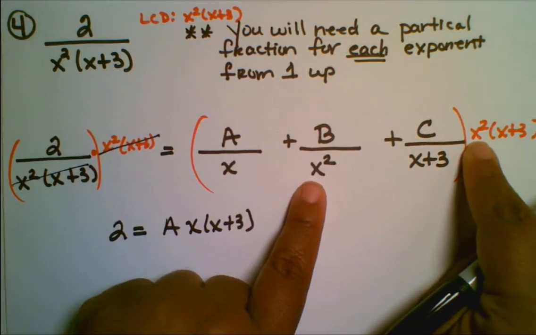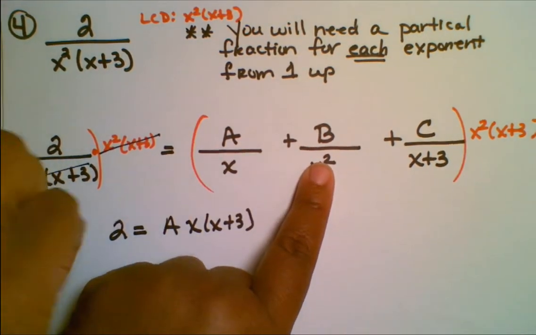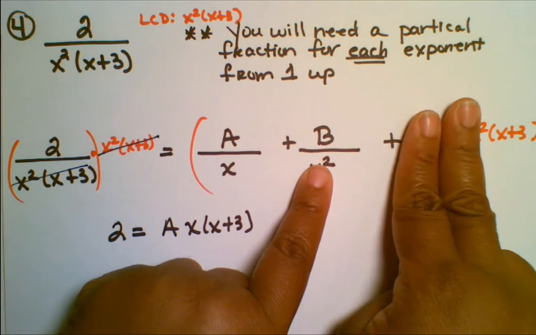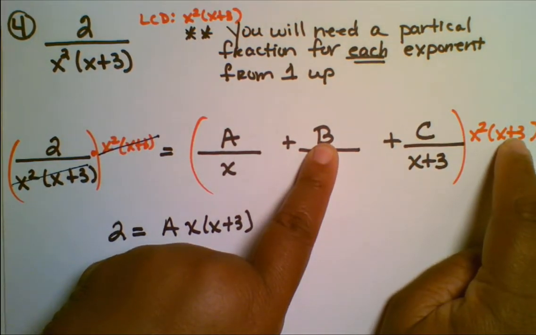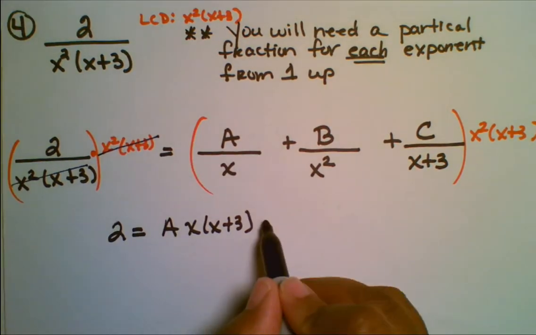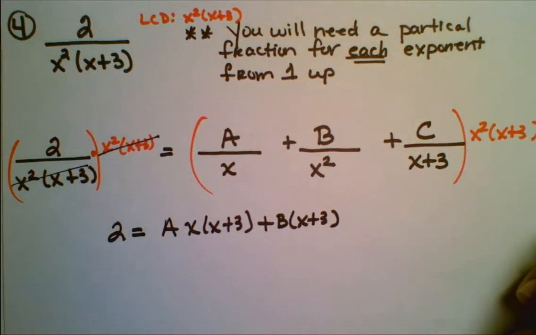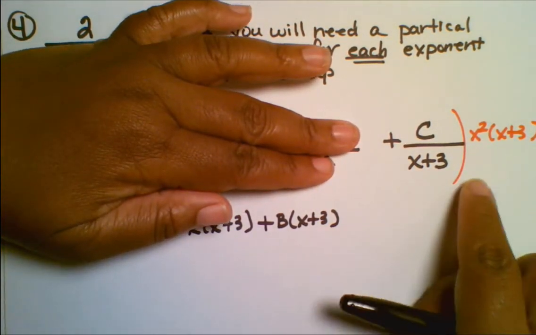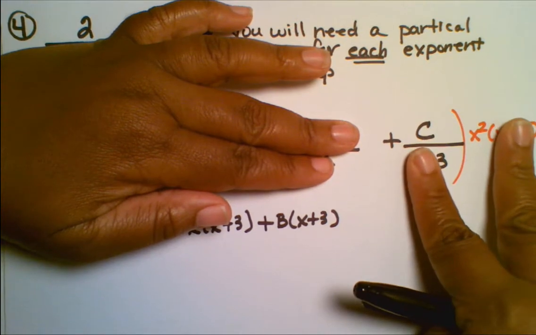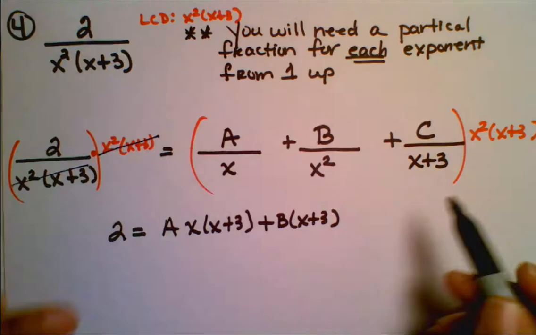The second term, the x squared cancels out. Then you're left with b times x plus 3. And then for c, our x plus 3's cancel out, and we're left with c times x squared.